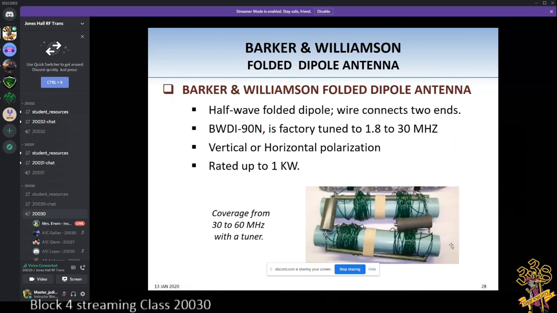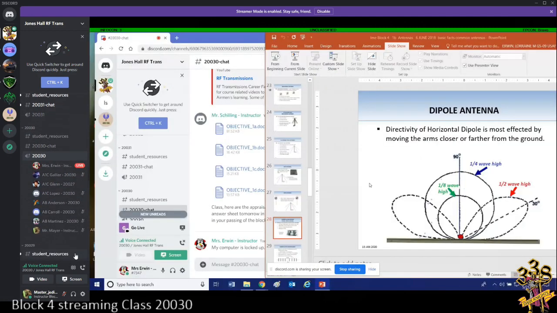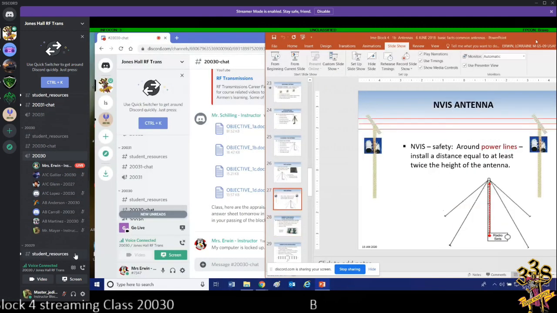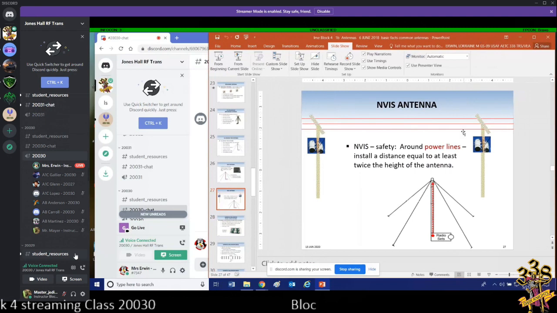Well, whoops. In the NVIS TO, it tells you at least twice the height of the antenna. Now, the CTM is a 50-foot mast. So with a distance equal to twice the height of the antenna, you would want to install it 100 feet away.